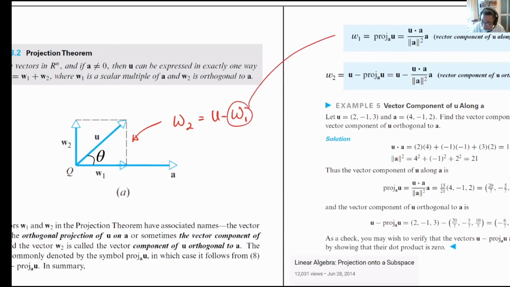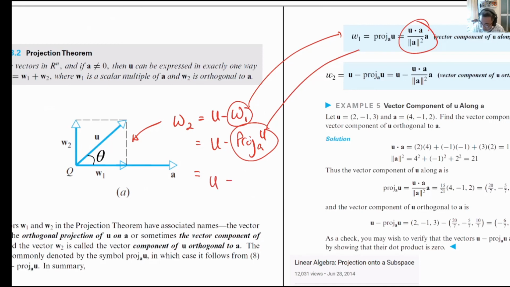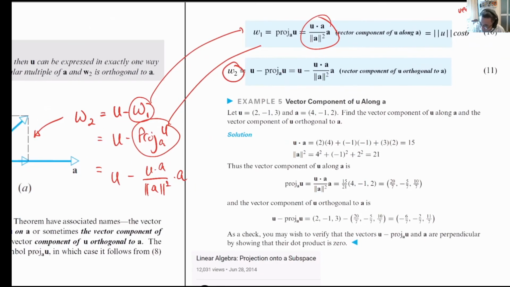We substitute w1 here and we get u minus the projection of u on A. And then we substitute this complicated looking expression here and we get u minus u dot A divided by the norm of A squared, multiplied by vector A. We wish to remember that w2 is a vector component orthogonal to w1 or orthogonal to A.